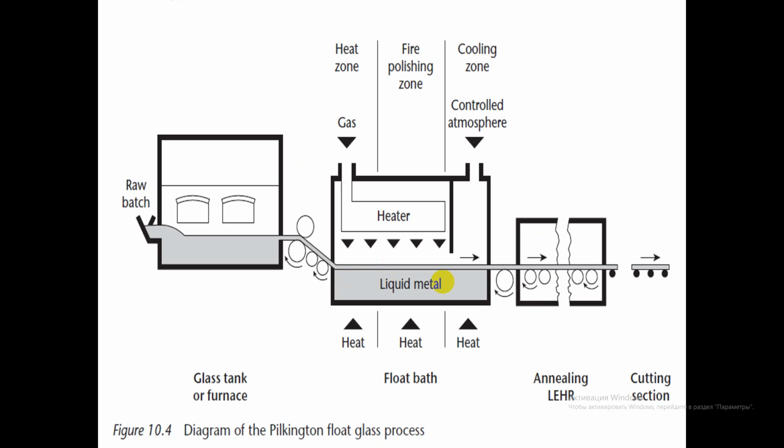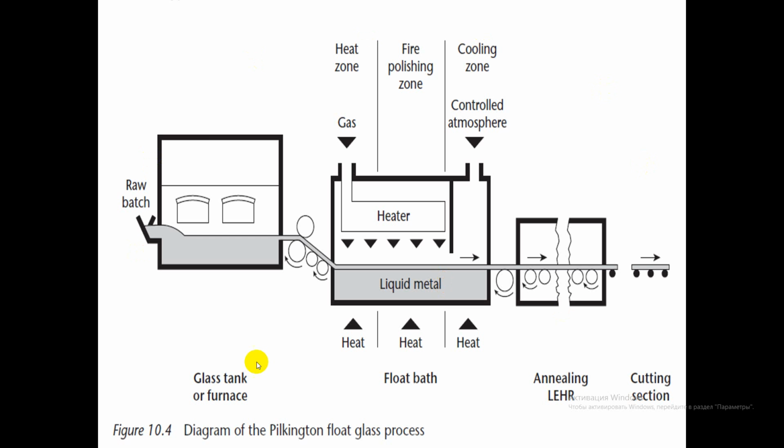The Pilkington Company protected the process with patents, but an American company quickly developed another version, and the float glass process is now the worldwide standard method for the production of flat glass.